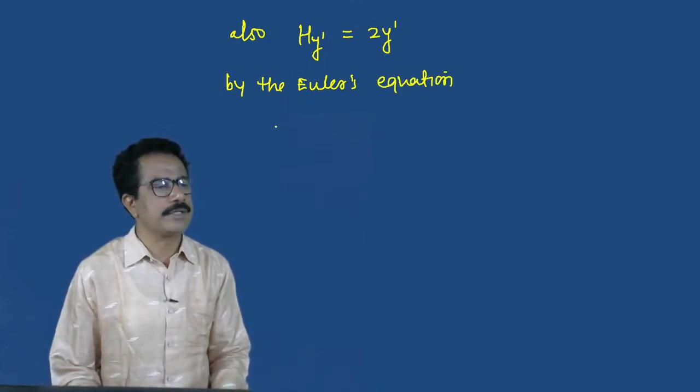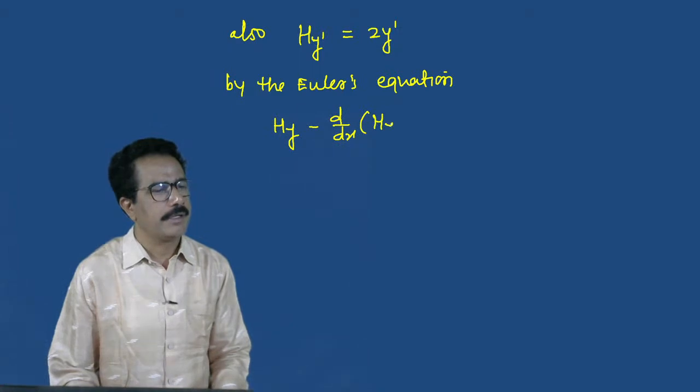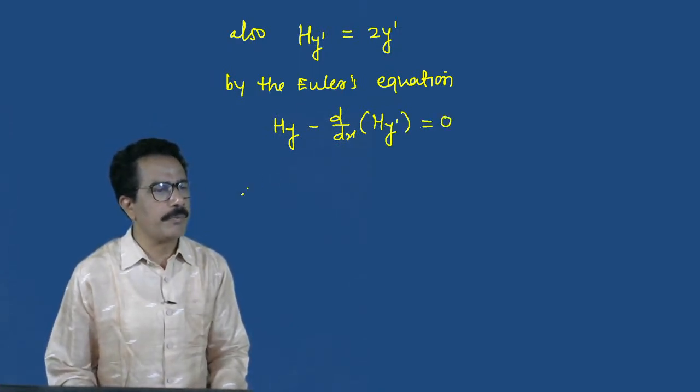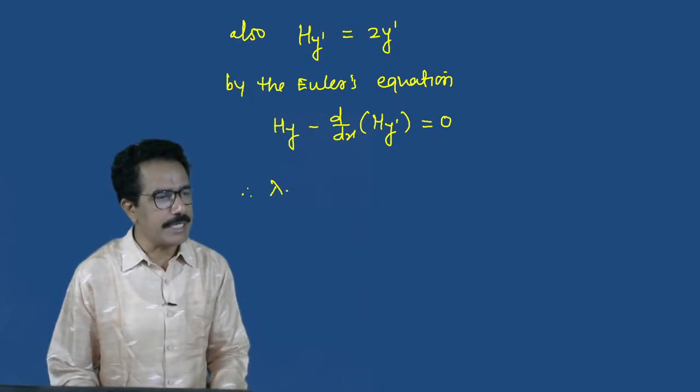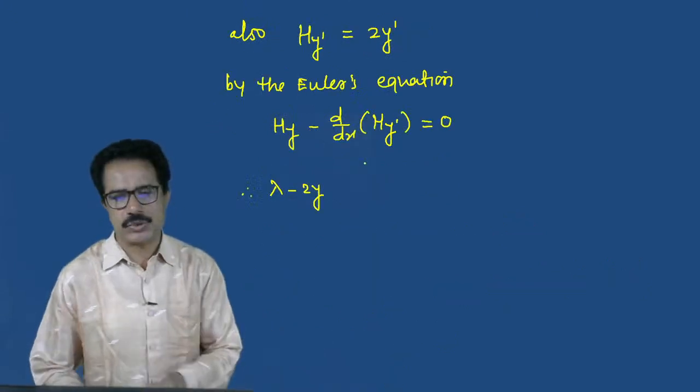What is that Euler's equation? We can write h_y minus d by dx of h_y dash which is equal to 0. So put h_y, which means lambda minus 2y. See this? h_y means lambda minus 2y.